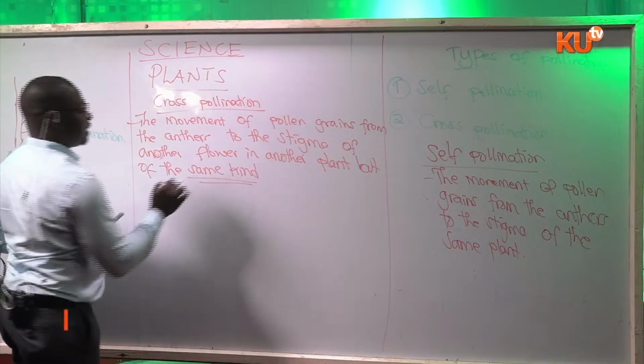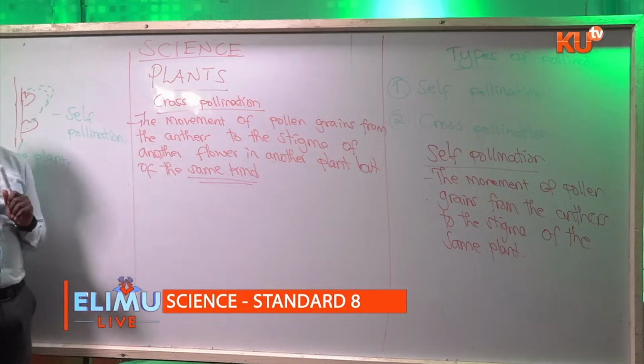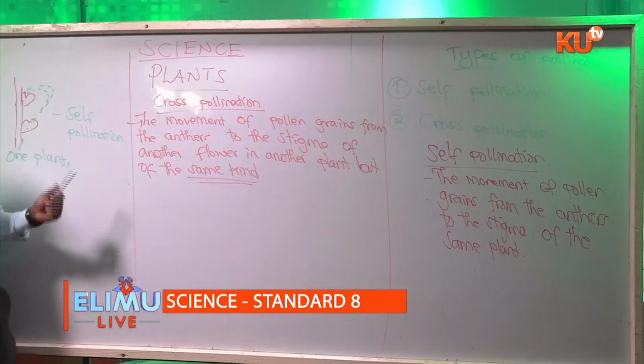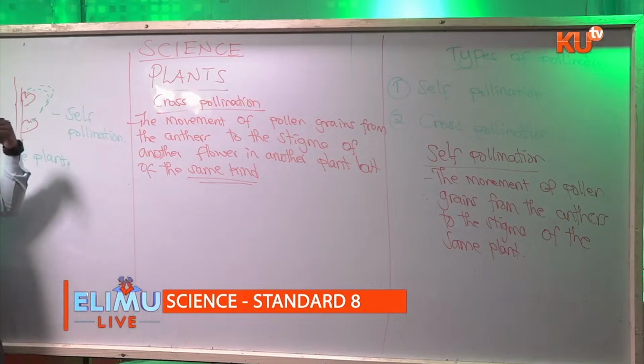The keyword here is the same kind. So cross-pollination is the movement of pollen grains from the anthers of one flower to the stigma of a flower on another plant, but it should be of the same kind.